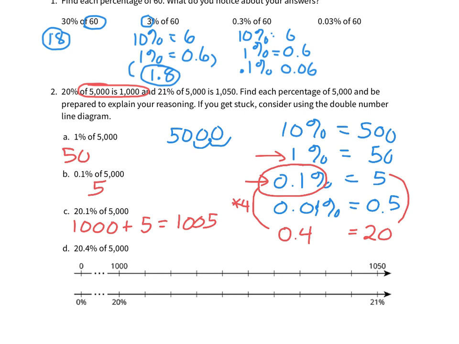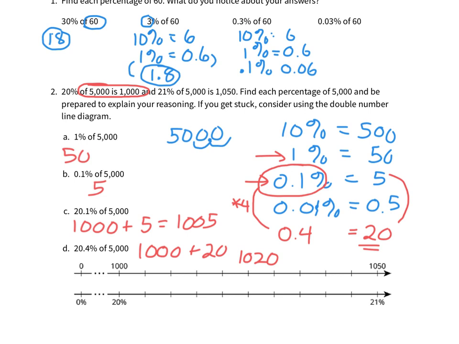So 20.4% would be that 1,000 plus that 20 value, or 1,020. Okay, so we can add these things together, we can multiply them, we can do all kinds of things with percentages.